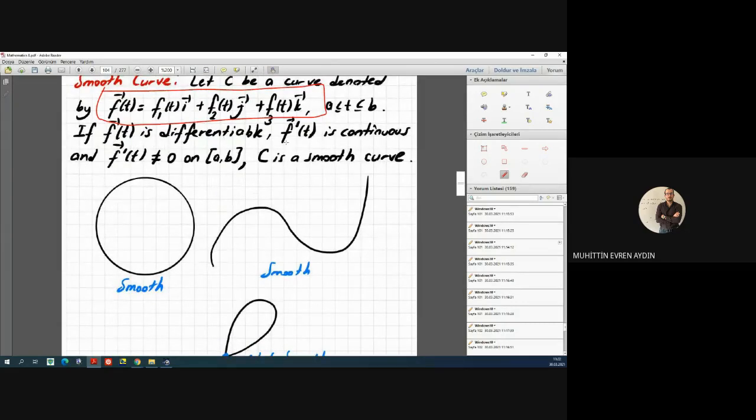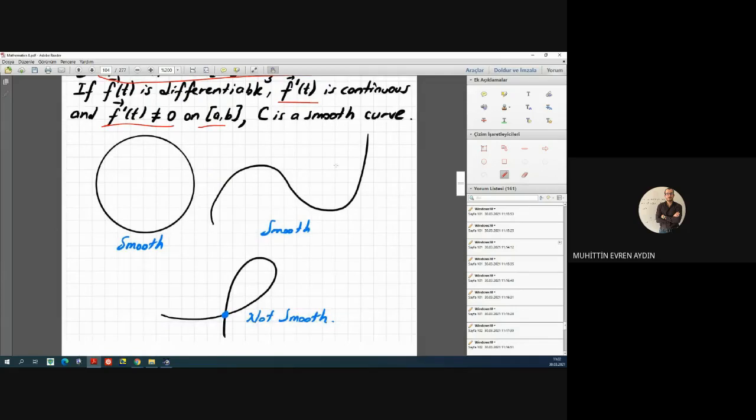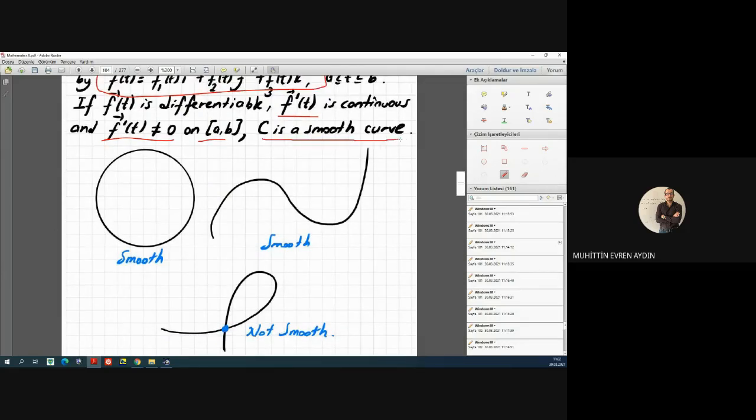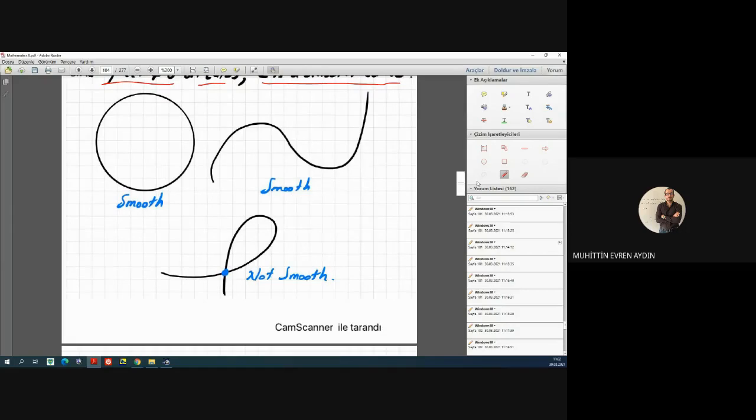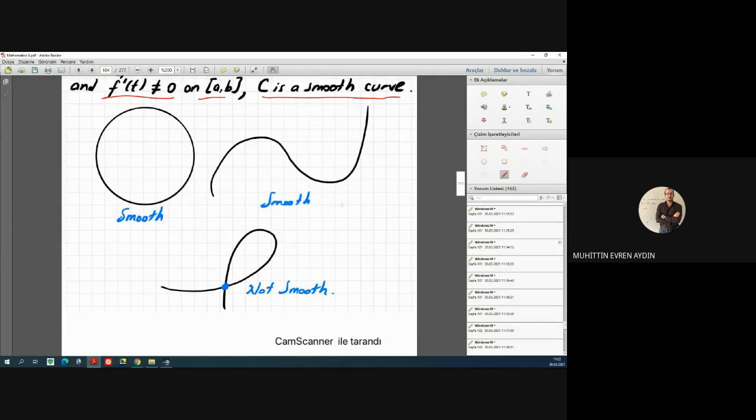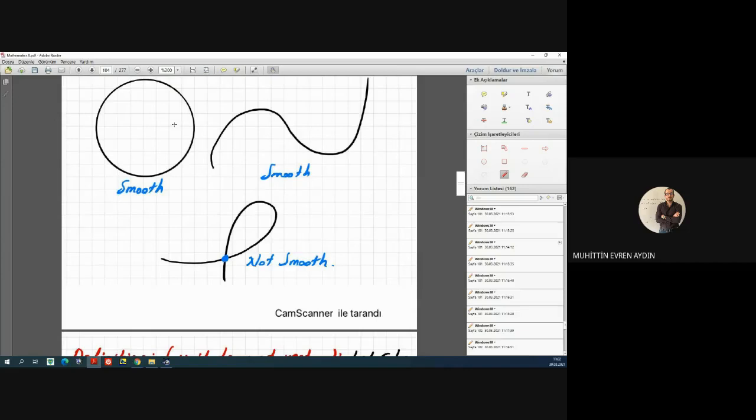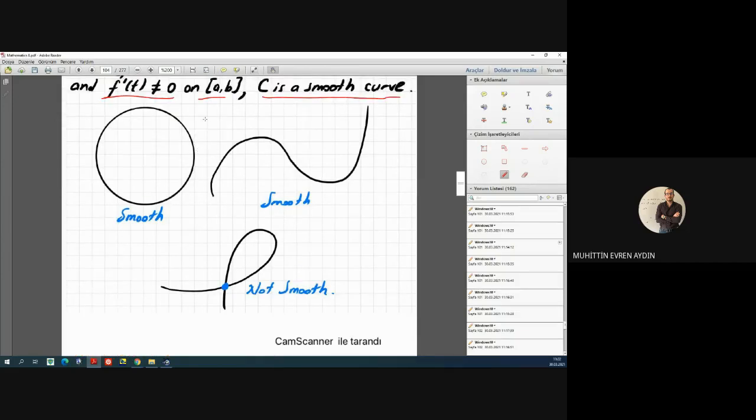If f is differentiable, then the first derivative is continuous, and if the first derivative is non-vanishing on this interval, then we say C is a smooth curve. Some examples, smooth curves and non-smooth curves. By the way, this example is not very correct because this is an example of a self-intersecting curve.